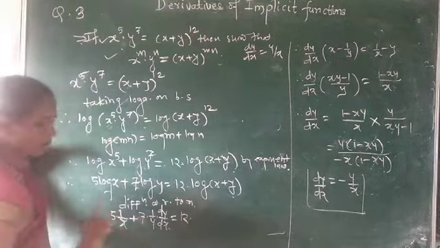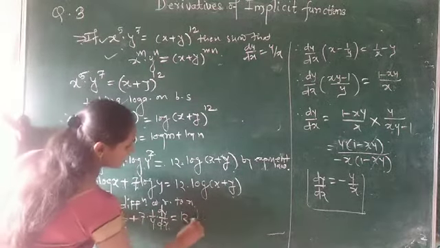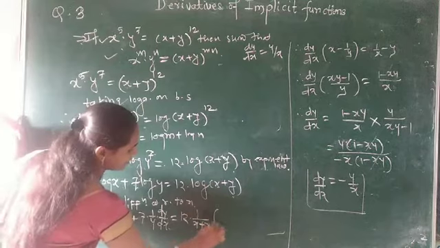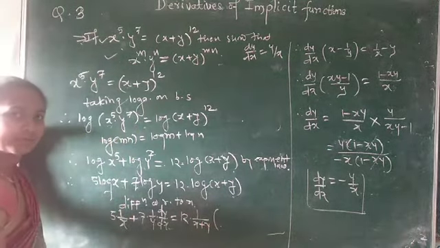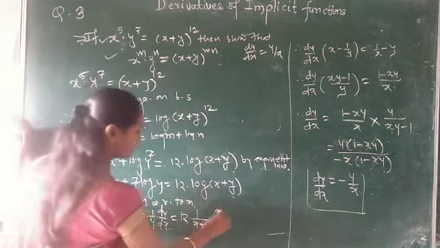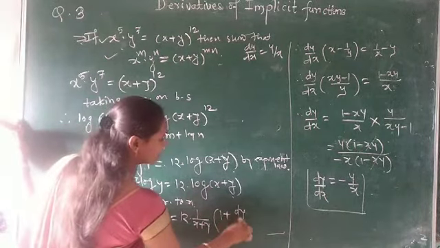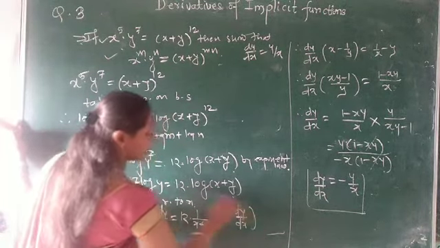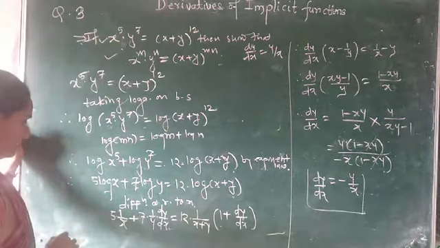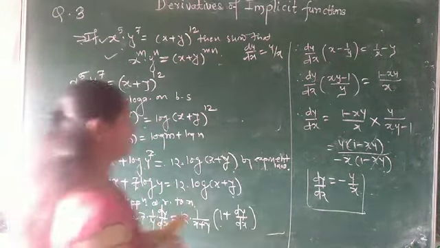Now this 12 is constant. What is the derivative of log of x plus y? 1 upon x plus y, and we find the derivative of x plus y. What is the derivative of x? 1. And the derivative of y? dy upon dx.